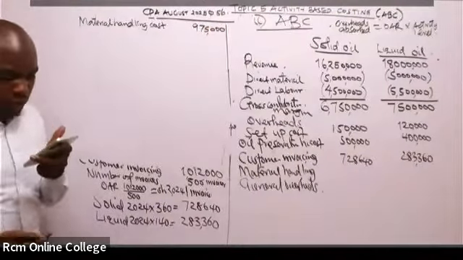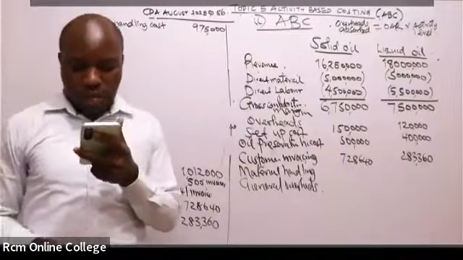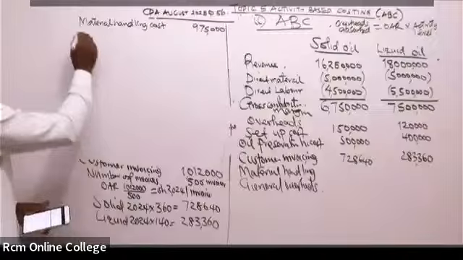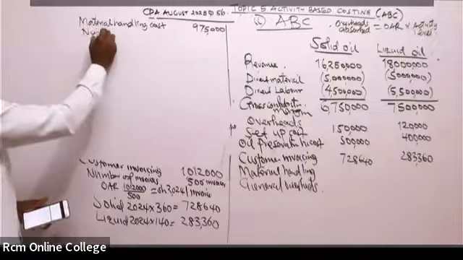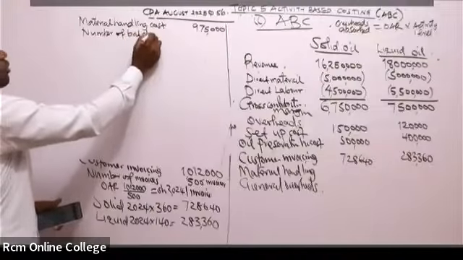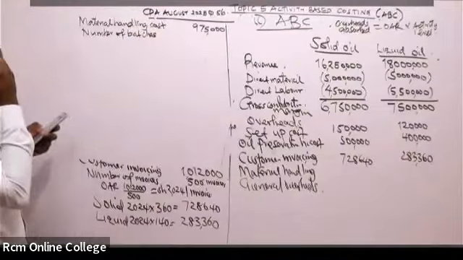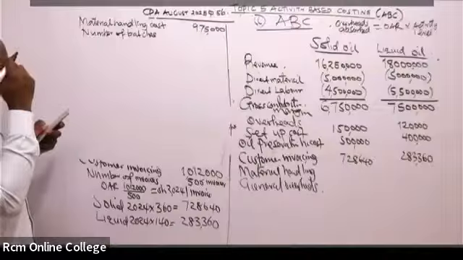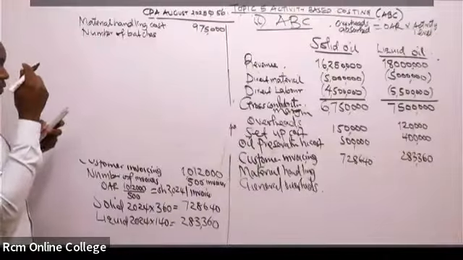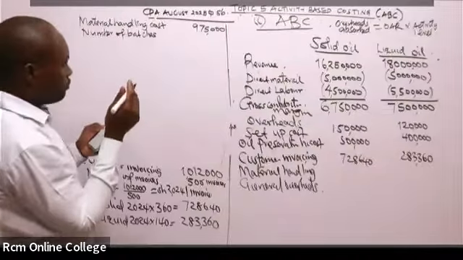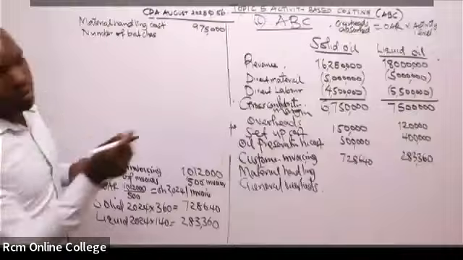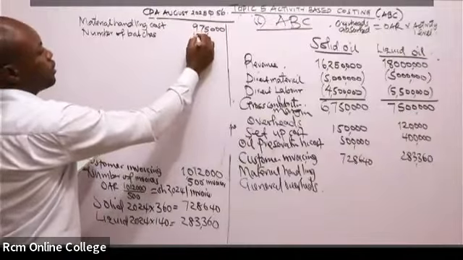How do we distribute this? It is dependent on the number of batches. So can we get the number of batches? We have 50, 80, that will be 130. Yes, so that will be 130 batches.